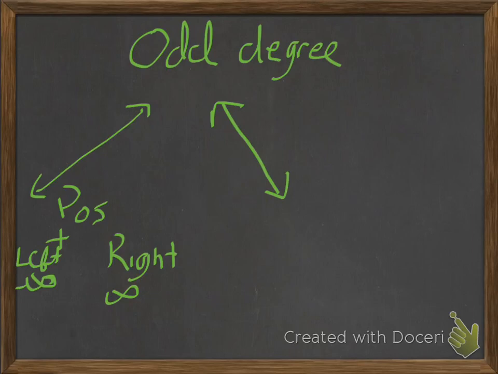If it is negative, it'll be the opposite. So it's going to go to, on the left, positive infinity. On the right, negative infinity.